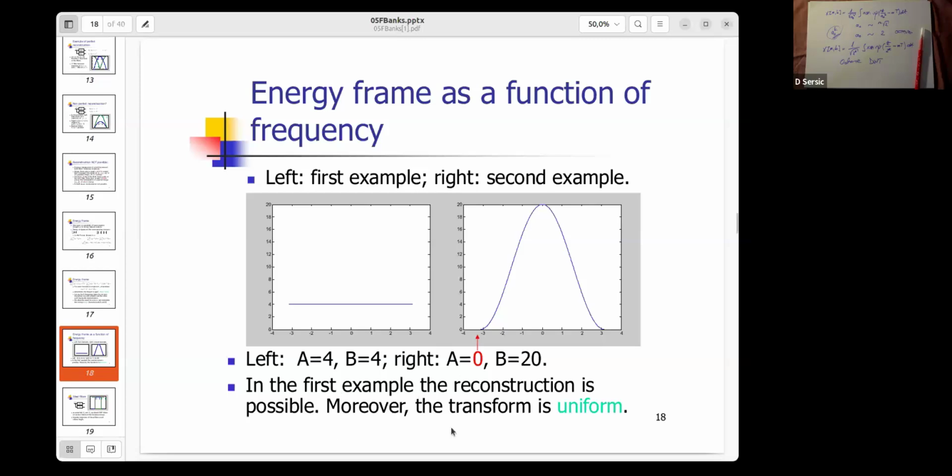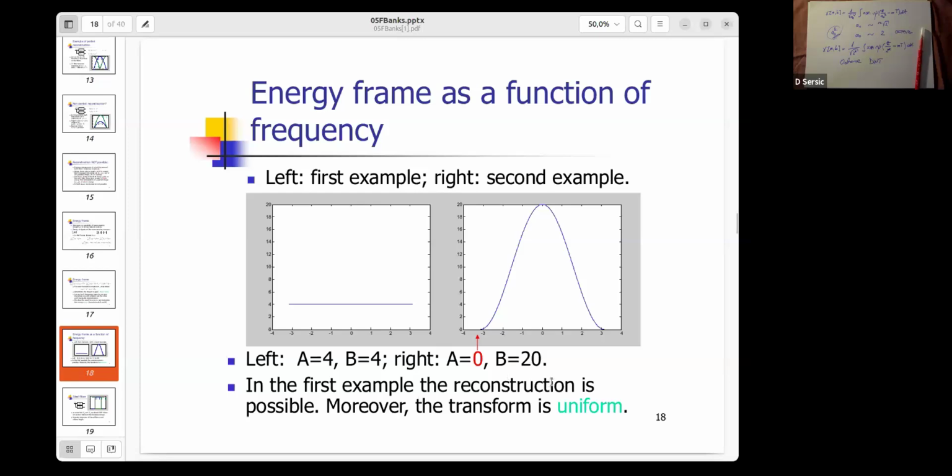On the right-hand side, we can see an unacceptable filter bank, which actually transforms some signals in the range from 0 to 20. And this is not nice for some signals like the sequence -1, 1. We have said that it is actually cancelled and it goes to 0.